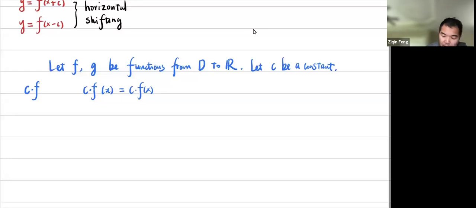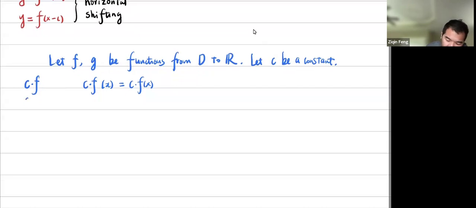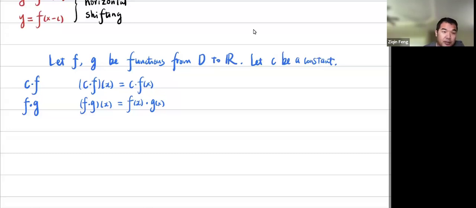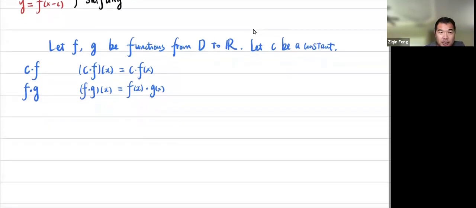You can also multiply two functions together, f times g. Whenever you have an x in the domain, what you get is f of x times g of x. Similarly, you can define subtraction, addition, and also quotient.